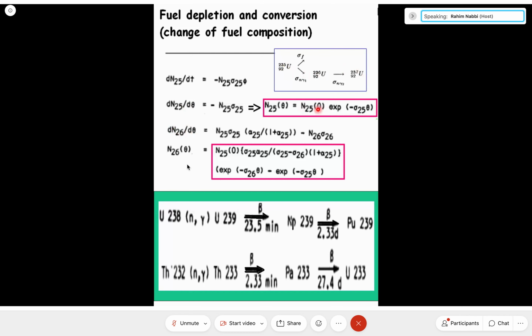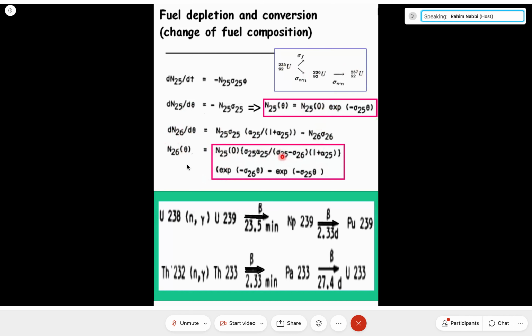And this solution can be put in here, and then we get an equation only for uranium-236, and it can be solved. The result would be that one. So that is for uranium-235. This is for uranium-236.